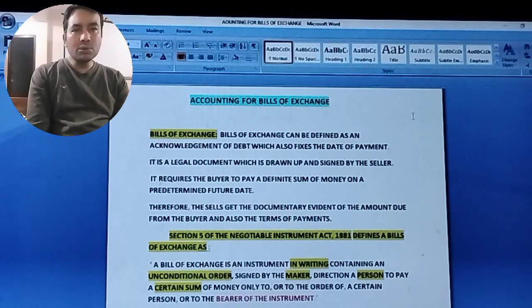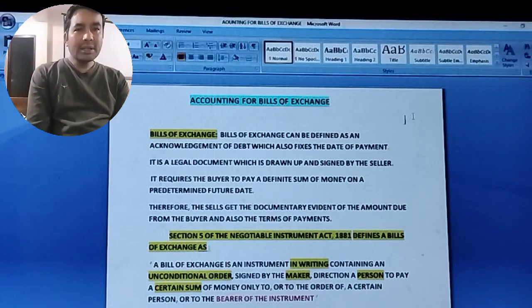So in order to overcome the fear, the seller usually draws a bill, which is known as bills of exchange, which ensures that the drawee, that is the buyer, will make payment on the due date.